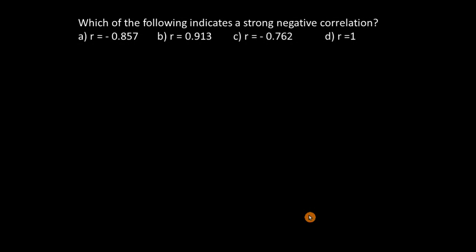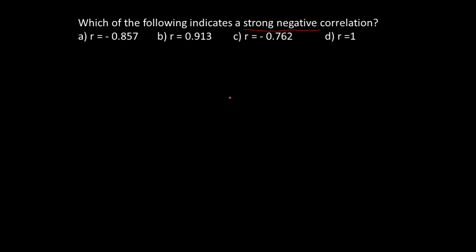Strong negative correlation. In the first lecture itself, I have told you the various ranges for values of R, which denote the type of correlationship. For a strong negative correlation, what should be the value of R? I have already told you the bandwidth.